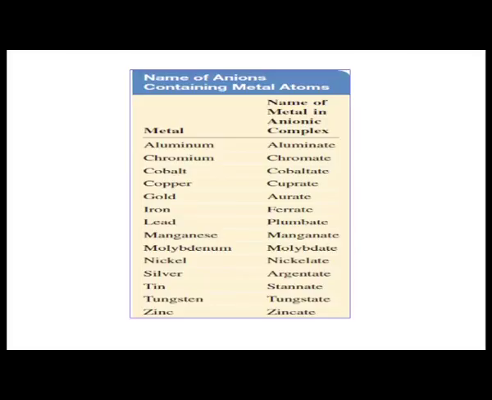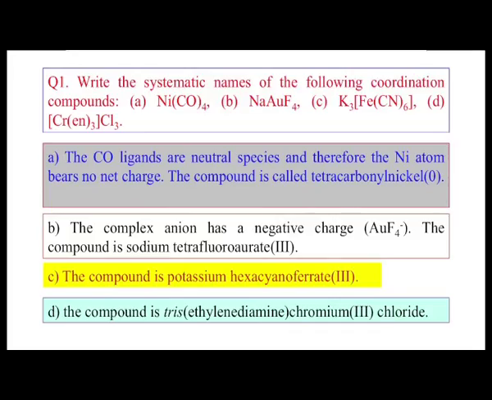When we write cuprate, it can be in the +2 or the +1 oxidation state, so we should specify the cuprate with a Roman numeral of I or II for the copper oxidation state. Similarly, ferrate can be for iron in both the +2 and +3 oxidation state, but we will specifically mention the oxidation number for the metal ion.